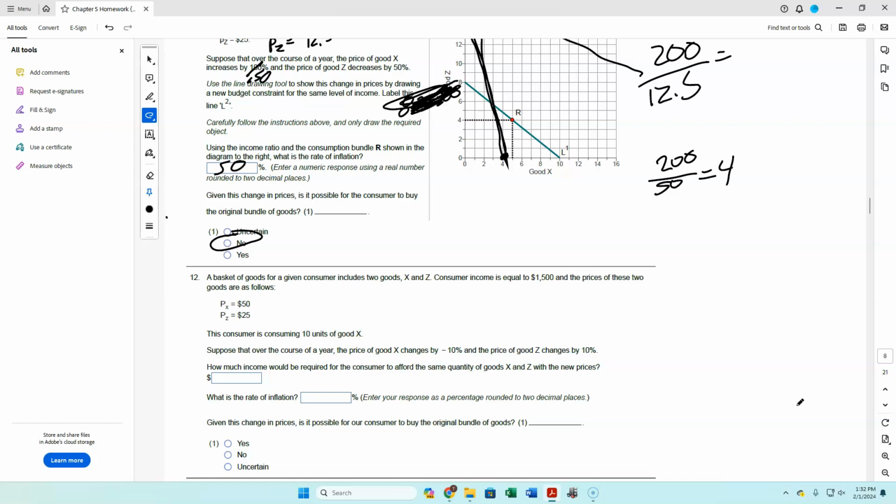Here, I've got income of, in my case, mine was 2,000. And I had 20 and 20.